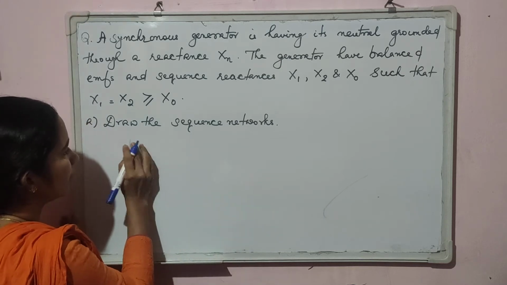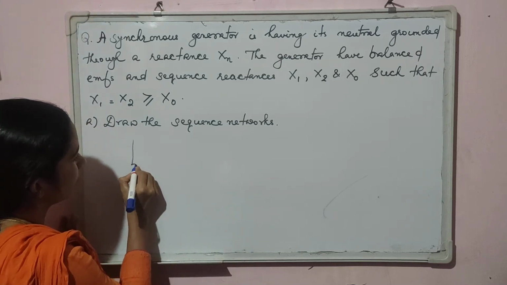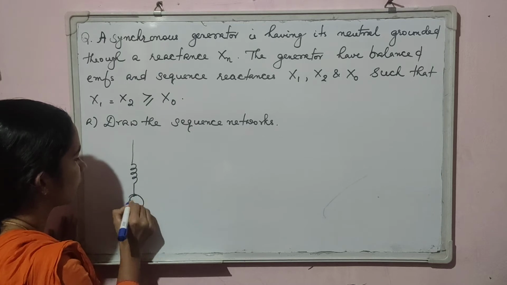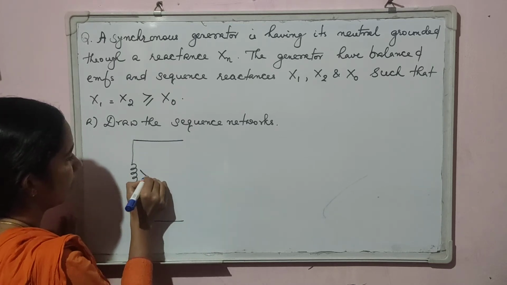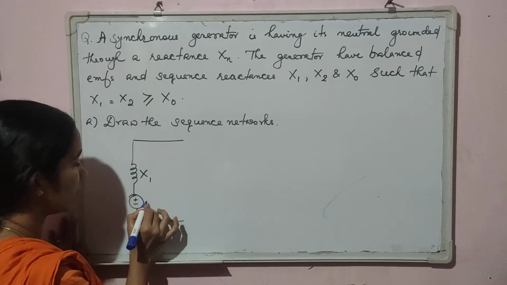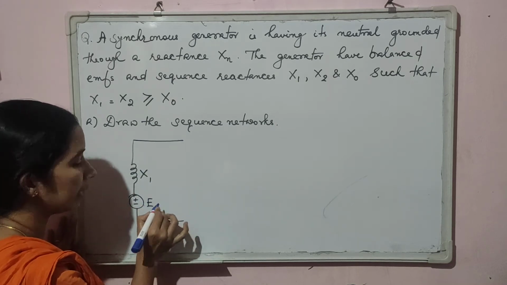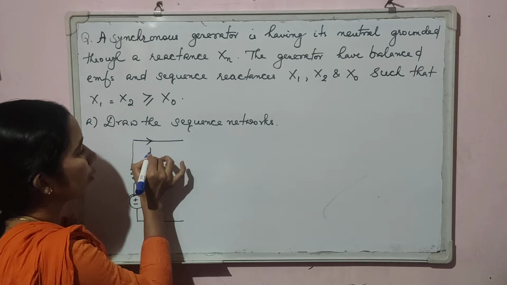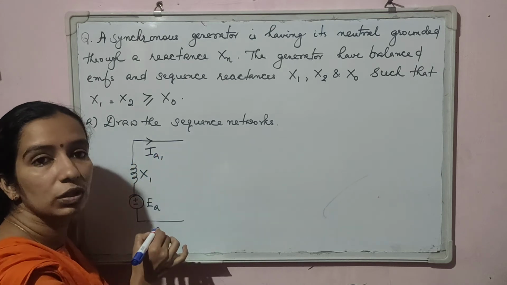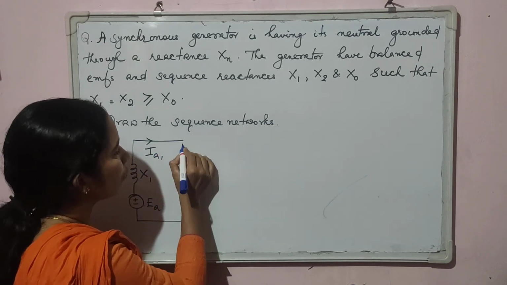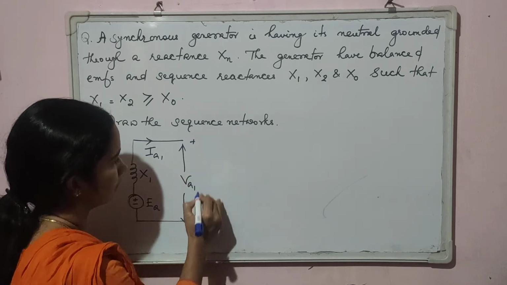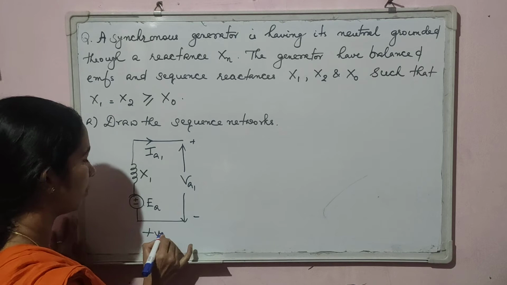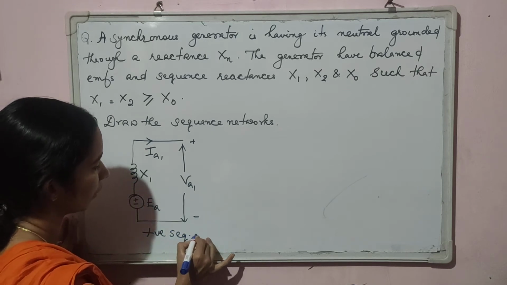So it will be positive sequence reactance X1 in series with voltage source EA. The positive sequence current will flow through this network, and the terminal voltage will be VA1. So this is the positive sequence network.